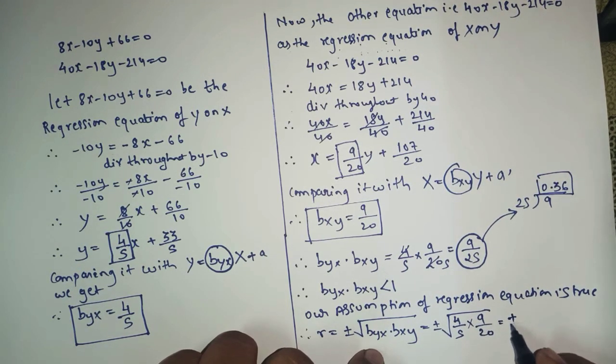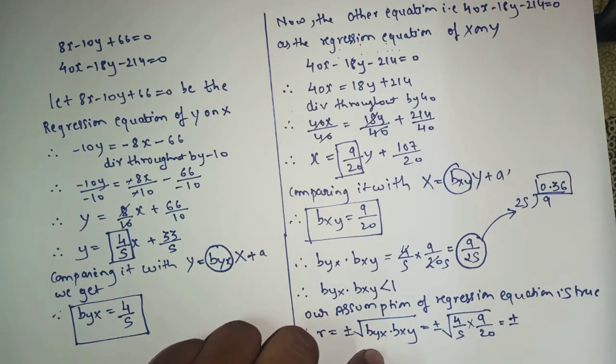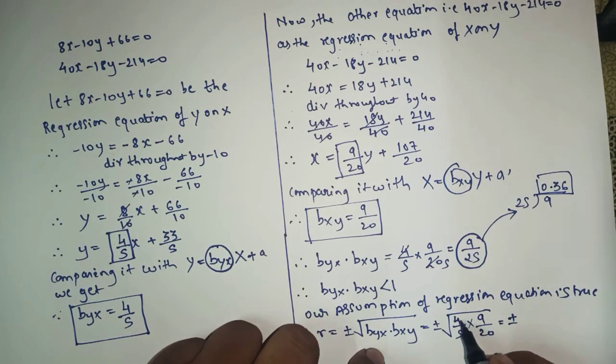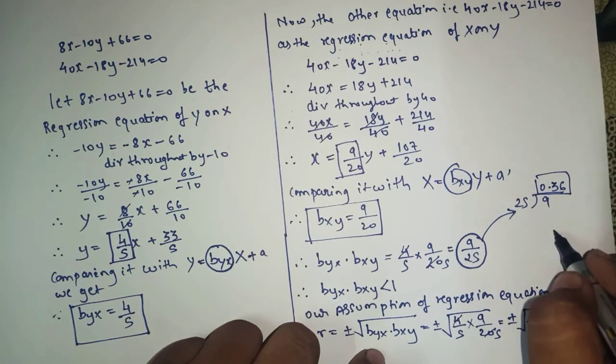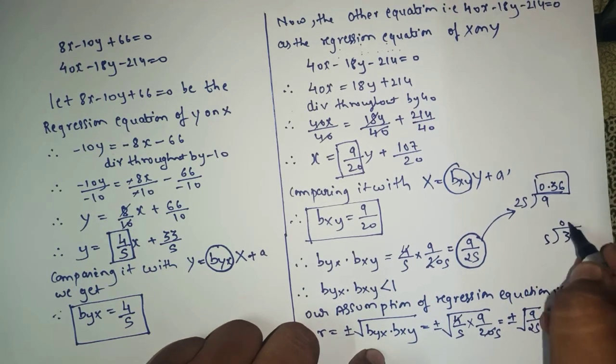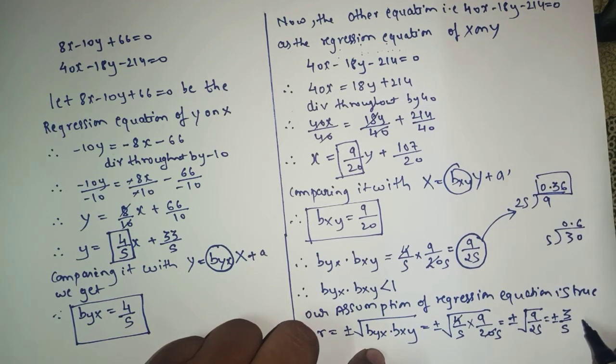So the next step: plus minus square root of, 4 ones are 4, 5 fives are 25, so 4 times 9 upon 20 is 9 upon 25. Here clearly we can see that the square root of 9 is 3, and the square root of 25 is 5. When you divide 3 by 5, 0.6 will be the answer.